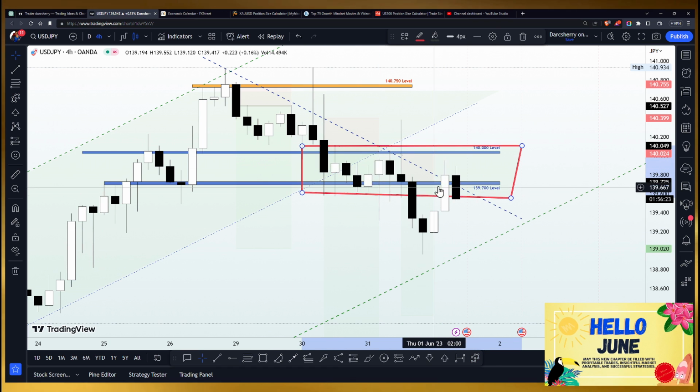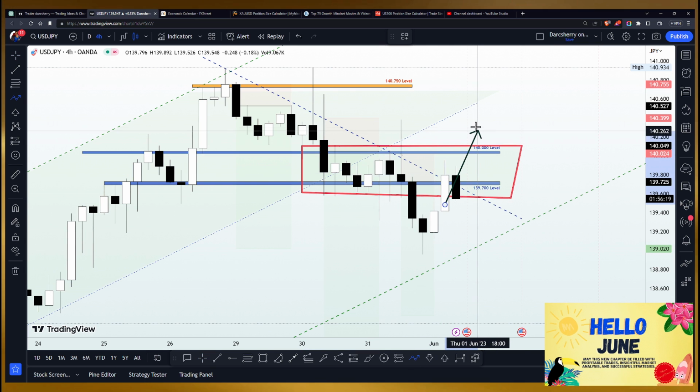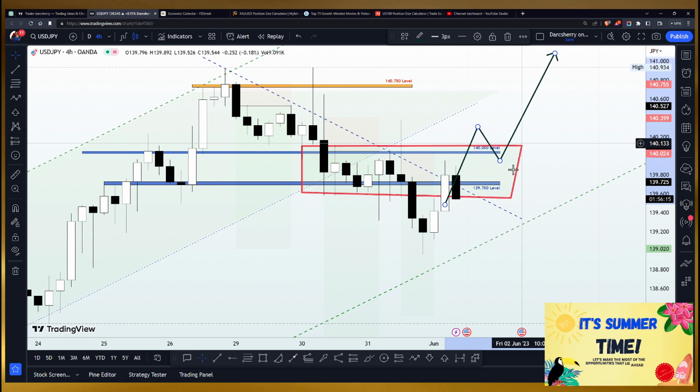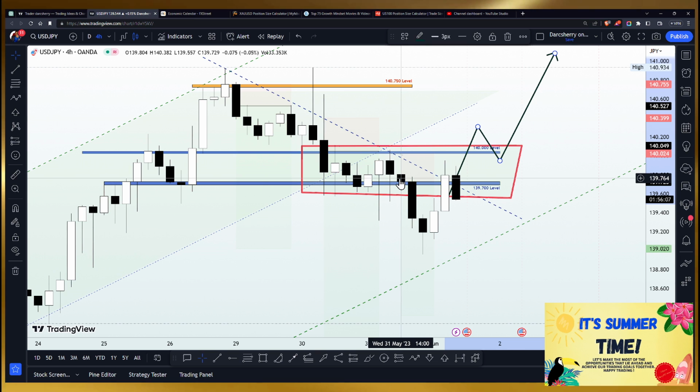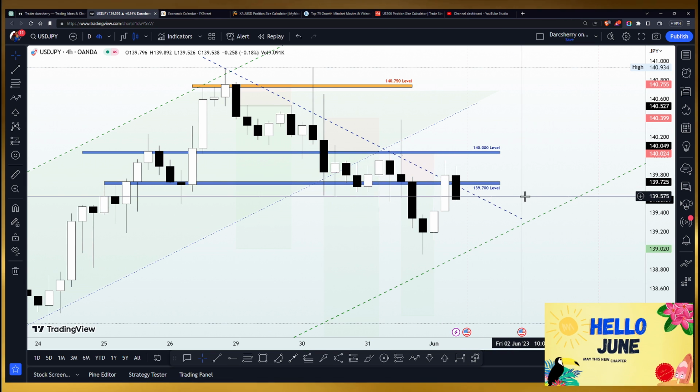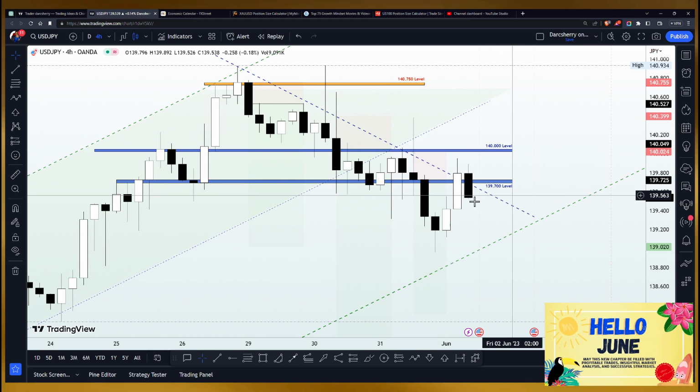The only way we are going to be buying here is for price action to break out of the 140.00 area to incite another wave to the upside. In the last 24 hours, we are yet to see price action break out of the 140.00 area. So at this point, things are still looking very bearish in this market.